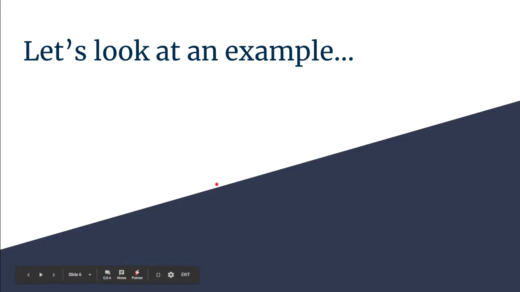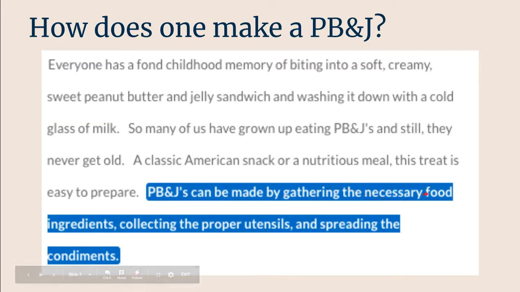And those key details in this thesis statement are: number 1, you need the food ingredients. Number 2, collect the proper utensils. And 3, spread the condiments. I know there are 3 key details because they're separated with commas or words like and or. So this is a great thesis statement.